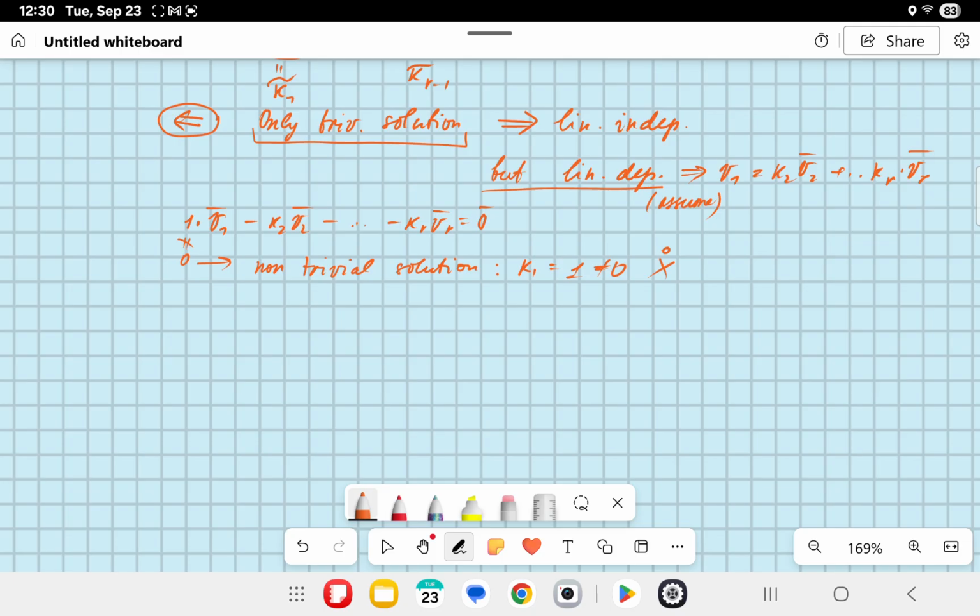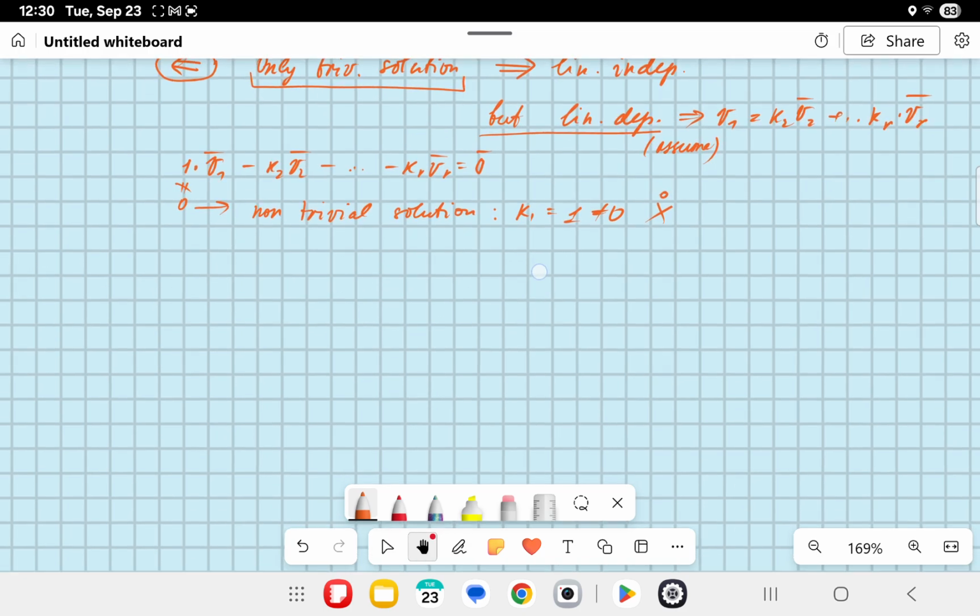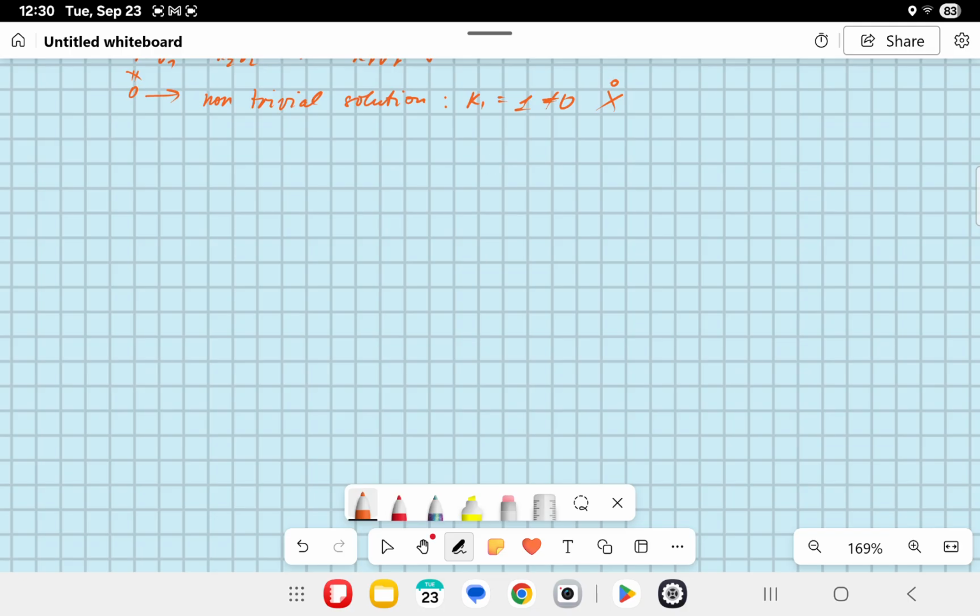Okay, well, let's consider more examples of linear dependence or linear independence. I'm going to consider a slightly different space, the space of polynomials. We did not consider it yet in examples, so that's going to be example number 3.